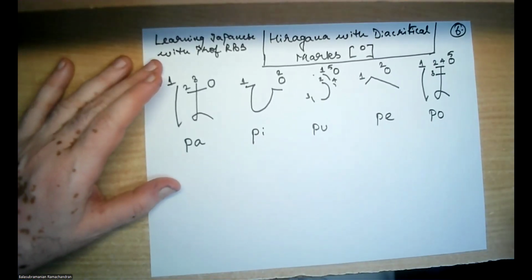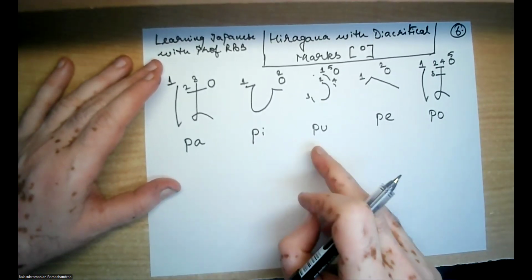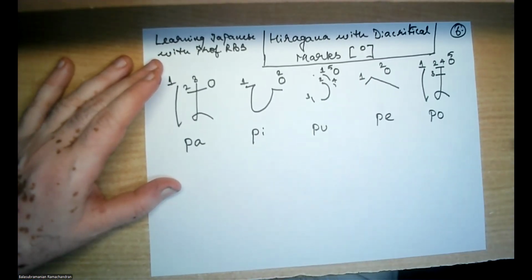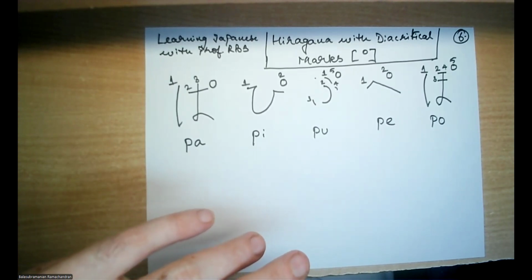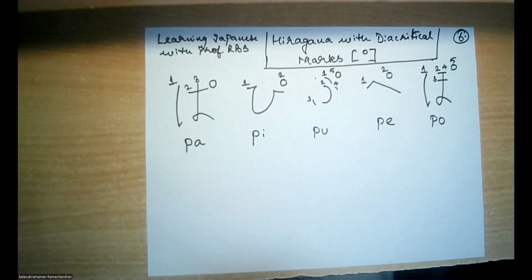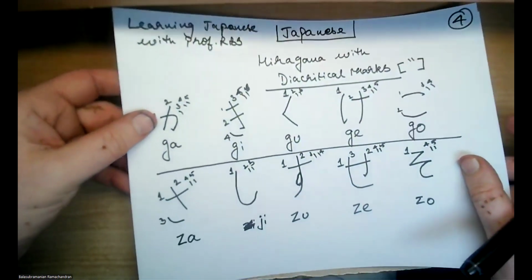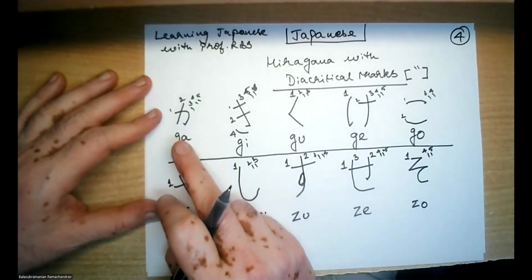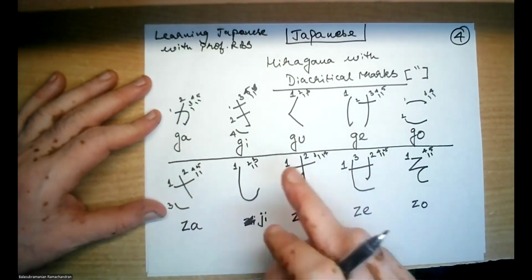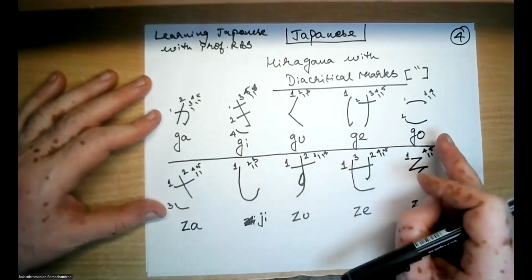So dear students, this completes the series. This completes video 2. Just count how many letters we have looked at. We have looked at the Ga series, 1, 2, 3, 4, 5: ga, gi, gu, ge, go.